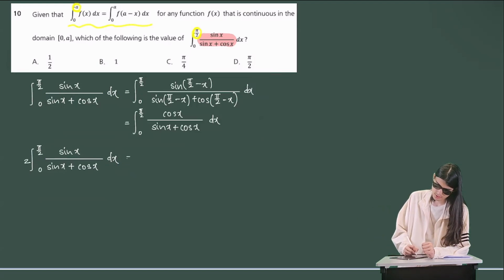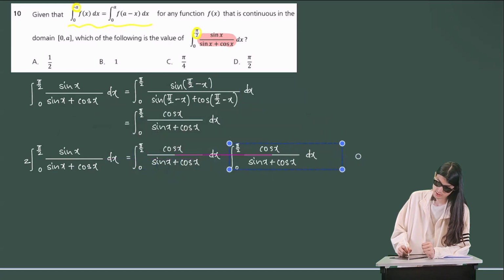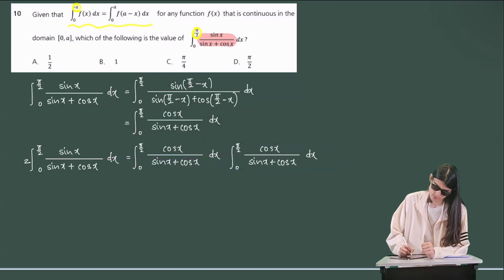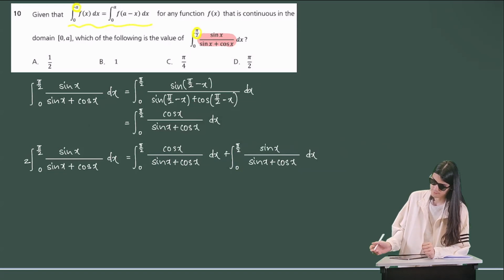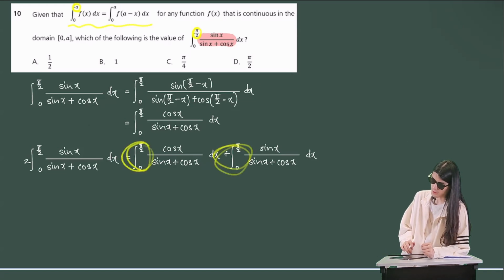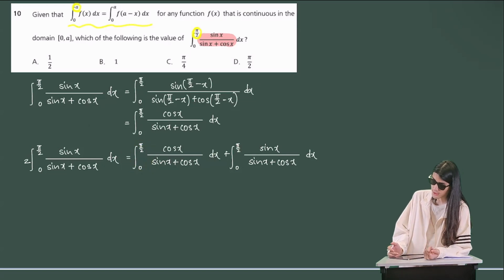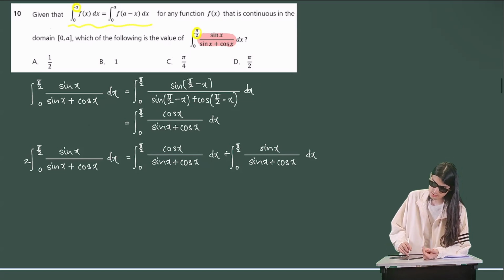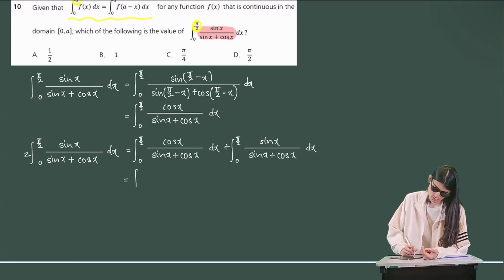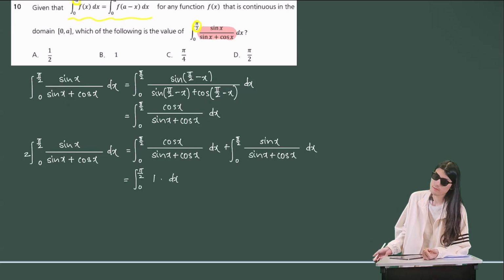But on the right-hand side, this plus this, because the boundaries are the same, you can then add the integrands, and when you do that, you get sine x plus cos x over sine x plus cos x. In other words, you end up with 1.